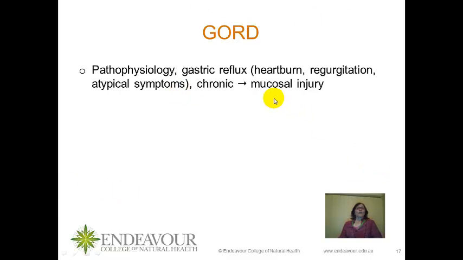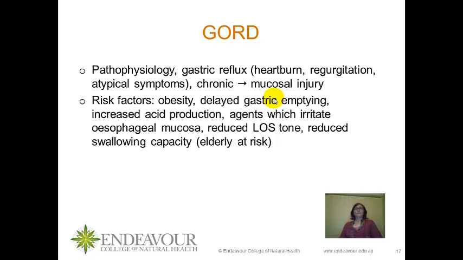We have a chronic mucosal injury because of the chronic reflux of contents into the esophagus. We saw many risk factors, things that reduced the lower esophageal sphincter tone. But there are some other conditions to consider. People who are obese have this lower esophageal sphincter tone.